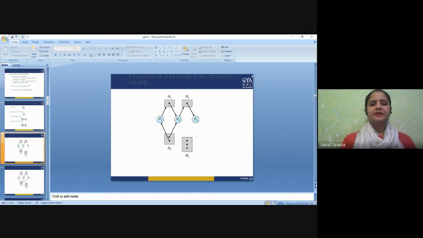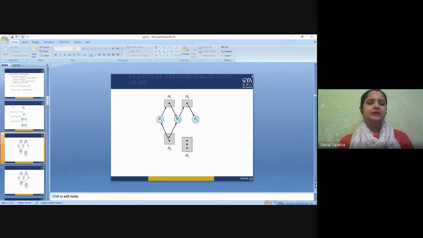Now this is one example of a resource allocation graph. P1, P2, P3 are all processes, and what is happening here? P1 has a directed edge towards resource R1. That means it is making a request for the resource. Similarly, there is a directed edge from R1 to P2.